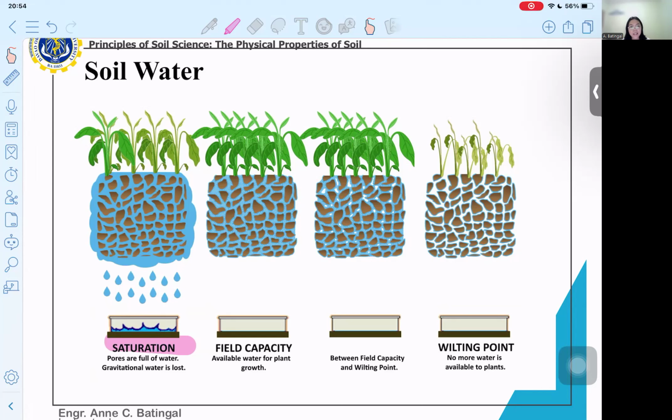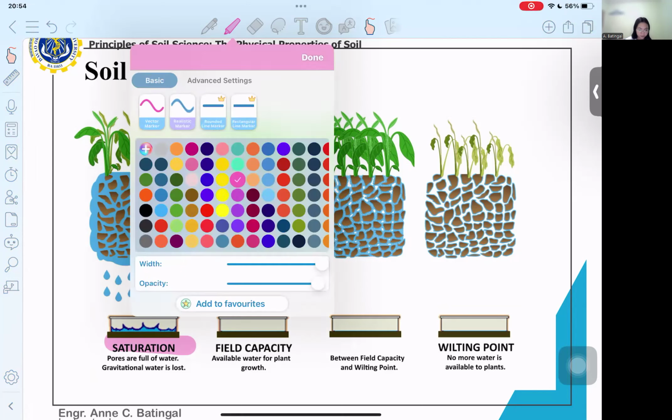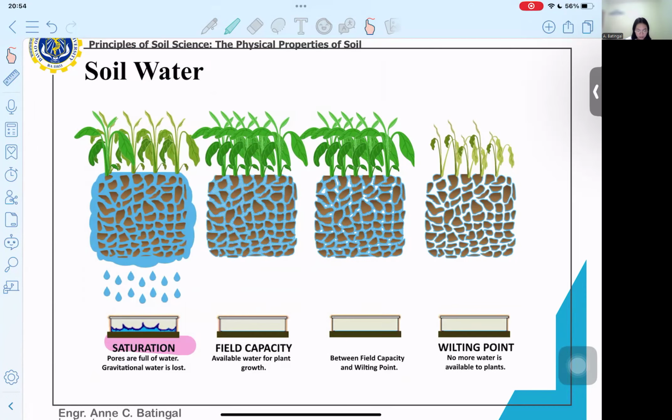Now, field capacity, the next portion, refers to the available water for plant growth, where your water and soil contents are considered to be ideal. Your soil is full of water, but not to the point that water is dripping out. So we irrigate only up to field capacity.